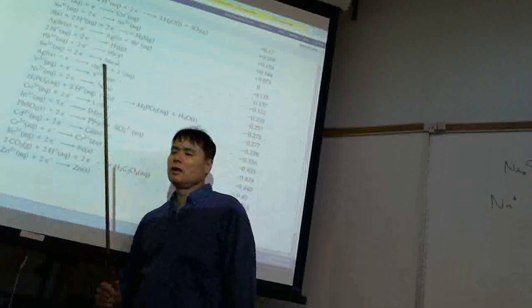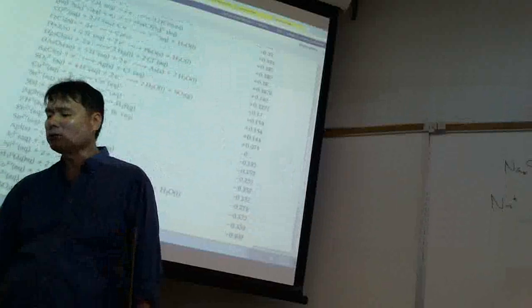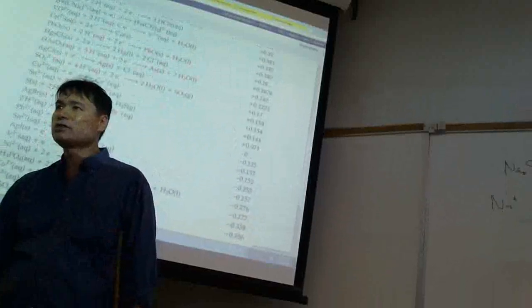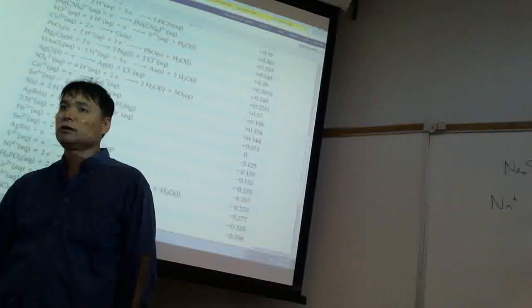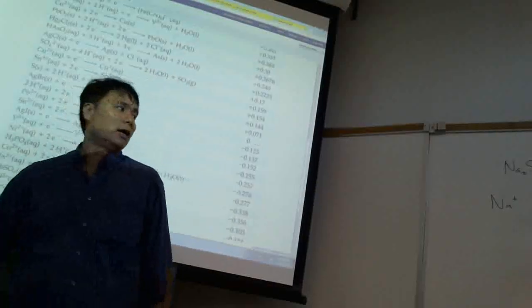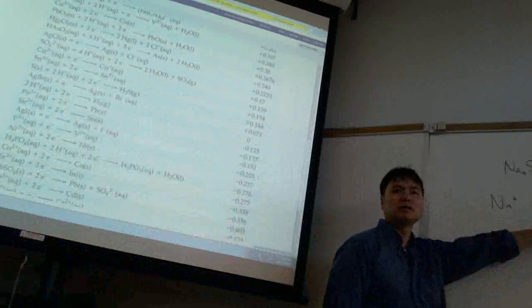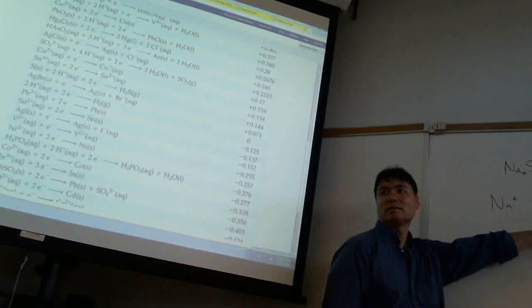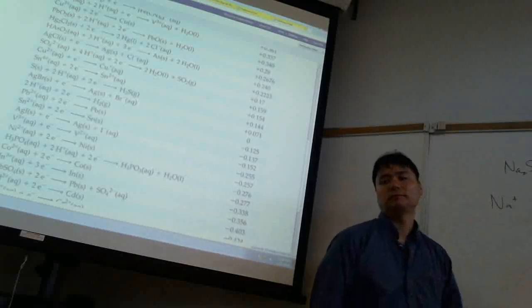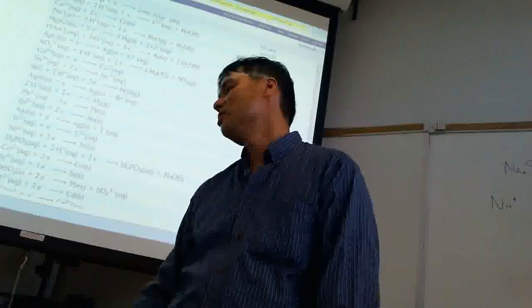And so even though sulfide's not here, sulfide should be comparable to hydrogen sulfide, which is a moderate reducer. And so as far as redox goes, sulfide should be a moderate reducer. Does that make sense? Now, some things don't appear on the chart.